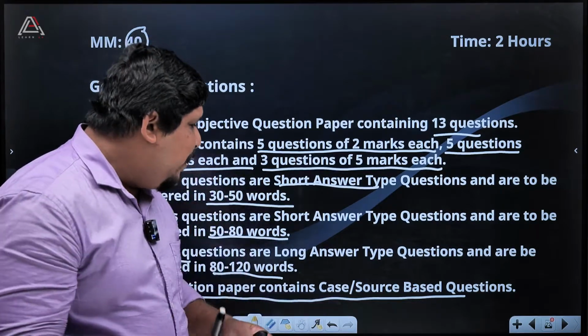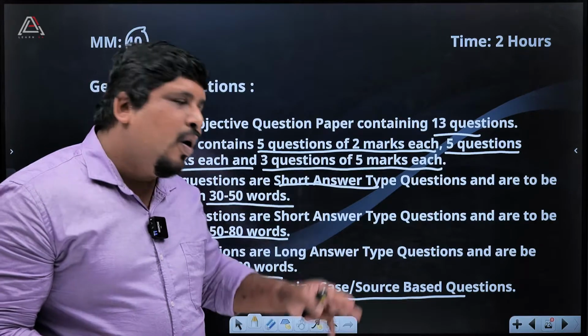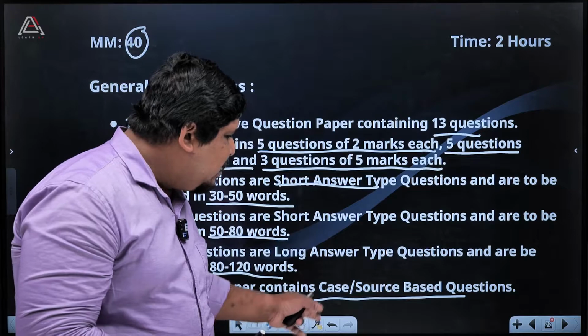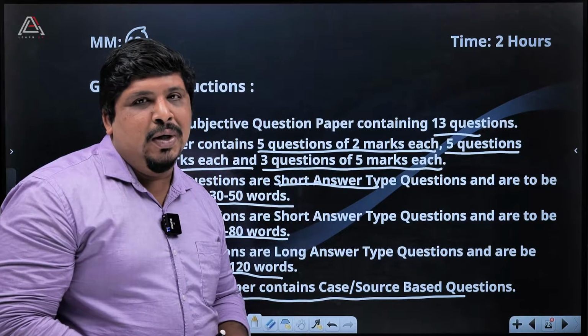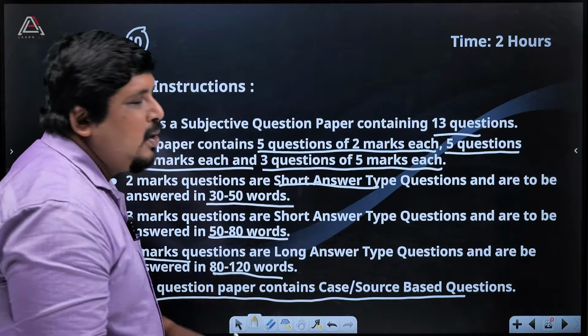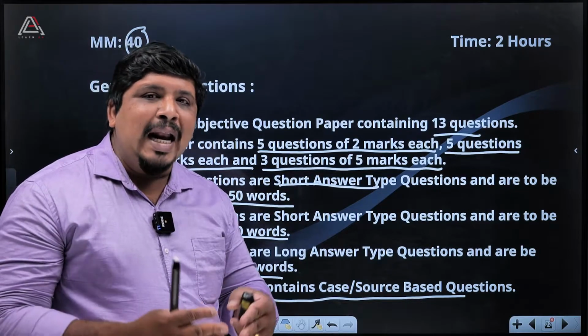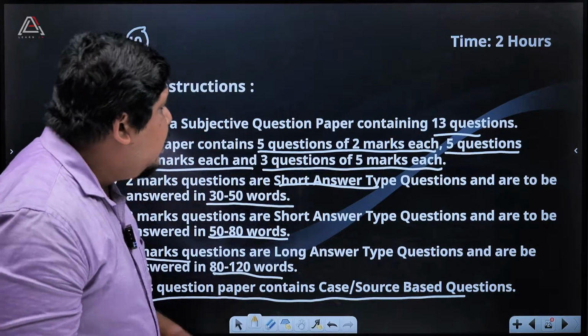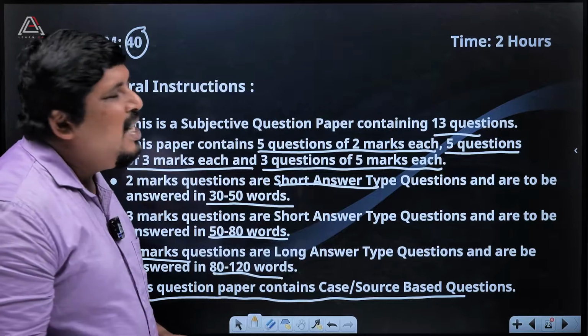Based on these sources, don't think that all questions come from your textbook itself. Based on case studies and sources, you have to write answers. That kind of question mainly comes in the third part, the 5 marks questions. You have to analyze the question, then write the answer. So this is what we can say about the general instructions.